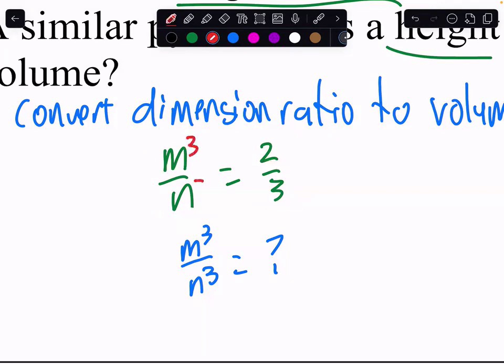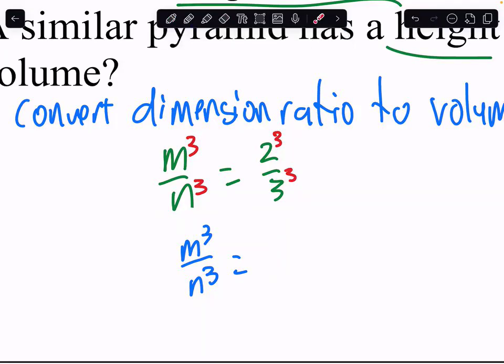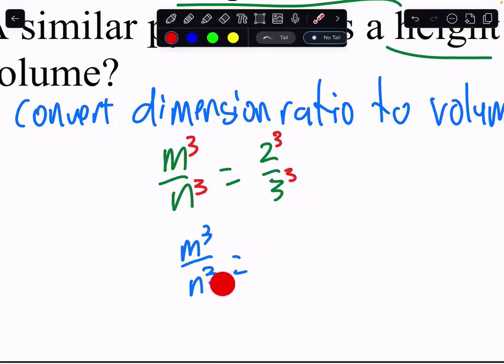Okay, so m cubed, n cubed, 2 cubed, 3 cubed. Right, you're allowed to do that because you're treating all parts of the equation equally. Okay, so the left side, right, the whole point was to create m cubed over n cubed, which we now have. And now you simplify over here. 2 cubed is 8, 3 cubed is 27.